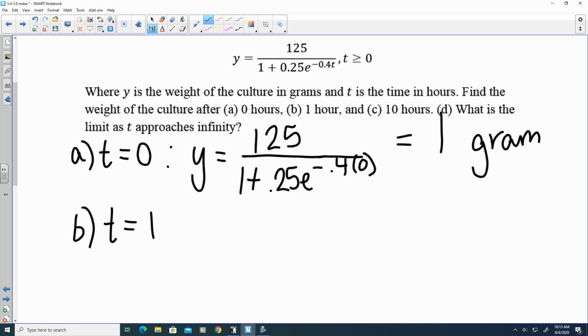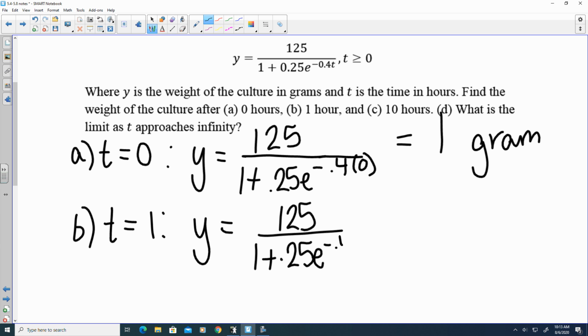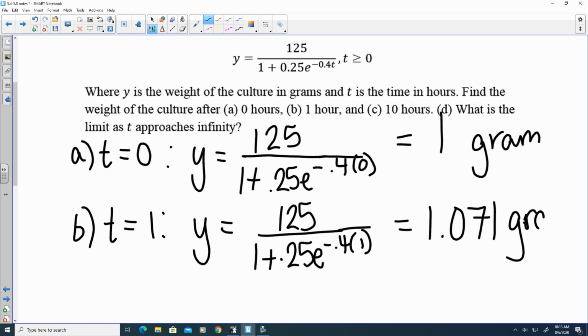T equals 1, 125 over that garbage, and we get about 1.071 grams. C, when t equals 10.